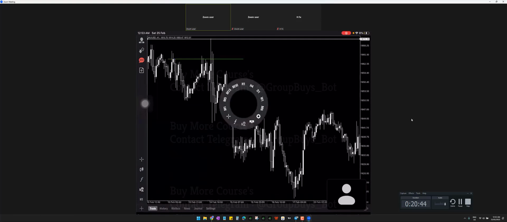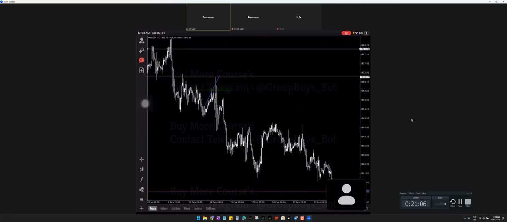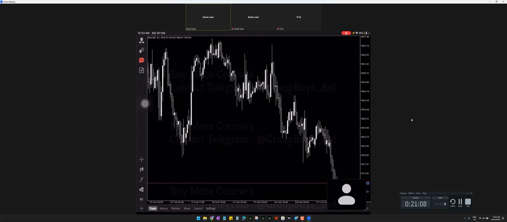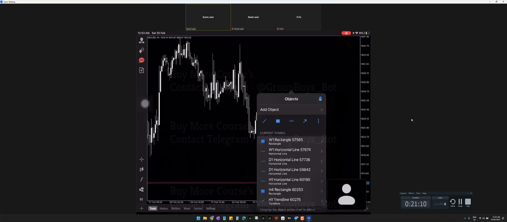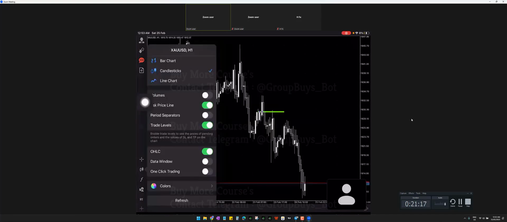Of course, there's a trail line here. This is one of the momentum, and this one is also one of the momentum. The weak momentum. Okay, I open the line chart first.